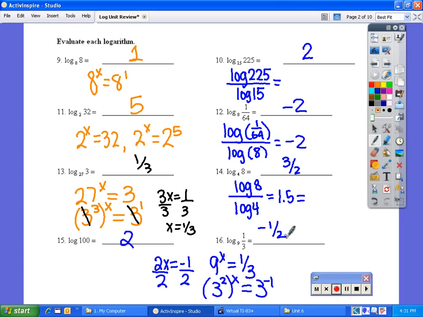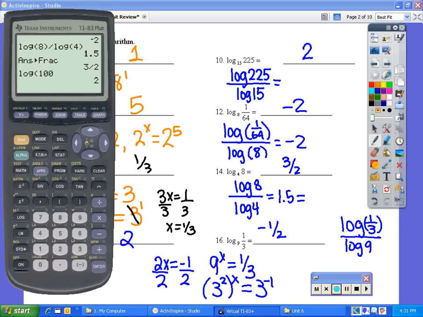Or if you decide to do change of base, just do log of 1/3 over log of 9. Always put the log of the base second. So log of 1/3 over log of 9, and you get -0.5, which, if you press math, enter, enter, is -1/2.